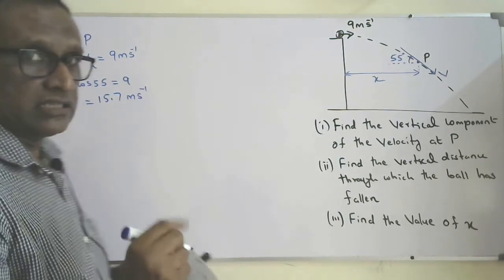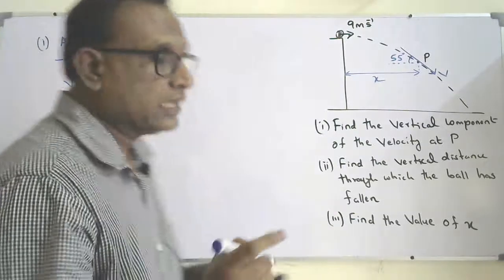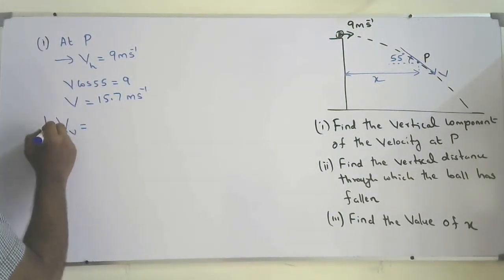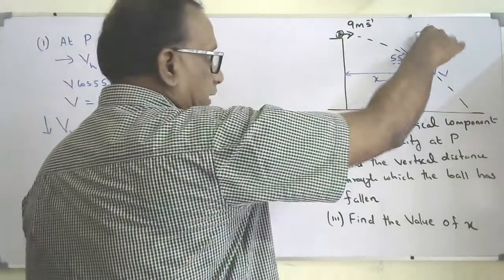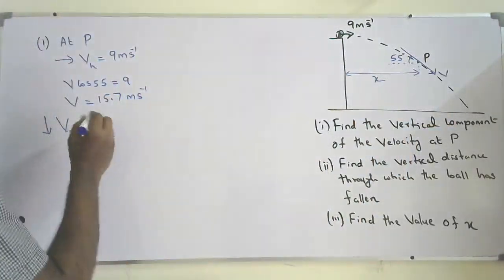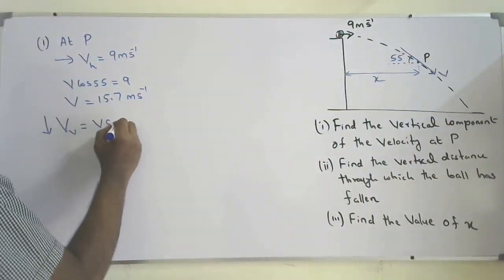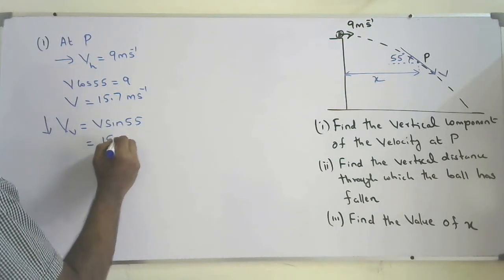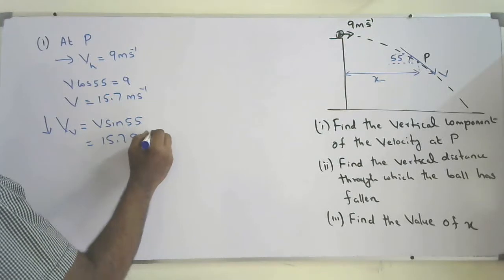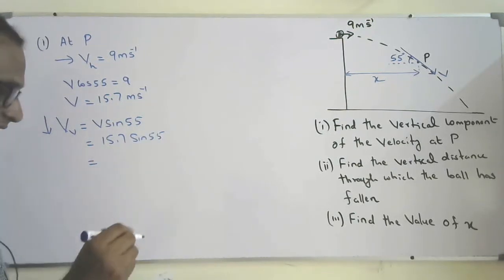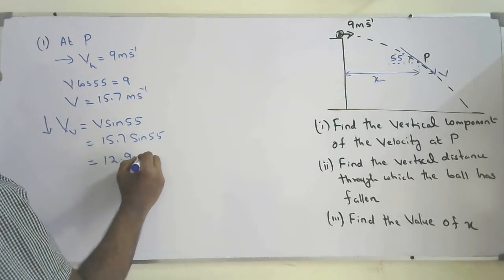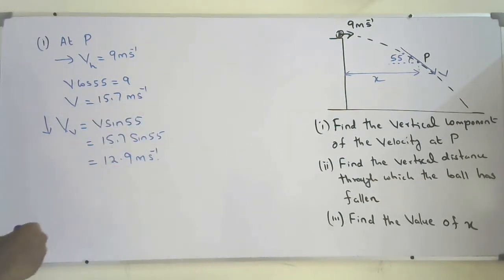The question is the vertical component at point P. So the vertical component Vv, which is downwards, let's resolve it, will be V sin 55. That will be 15.7 sin 55, that will be 12.9 meter per second.